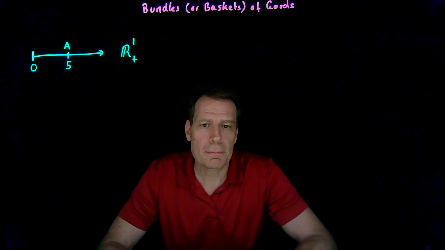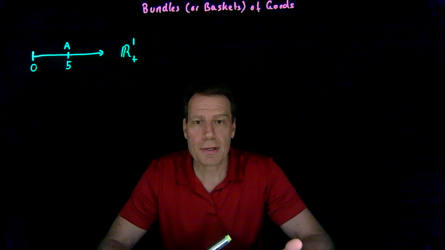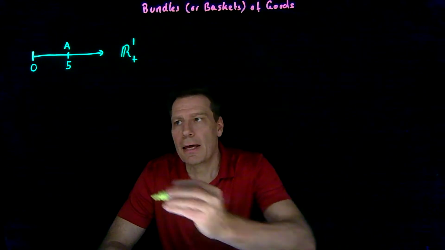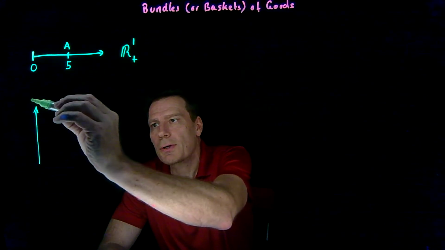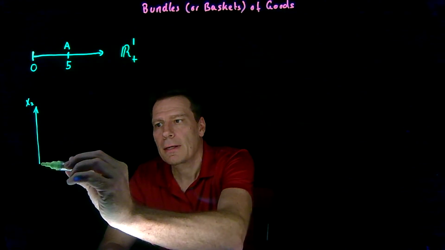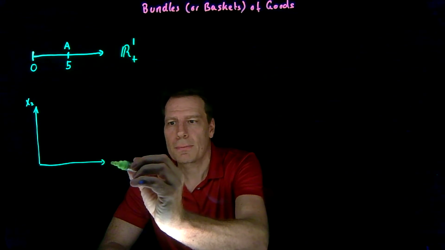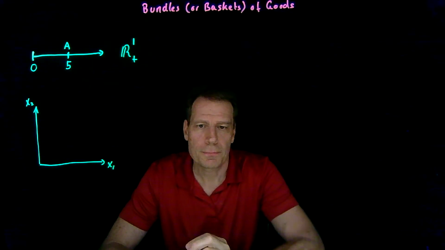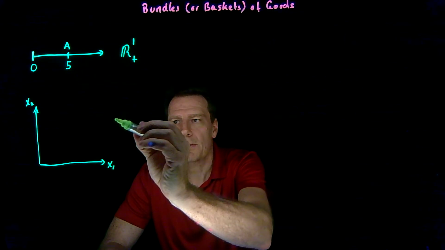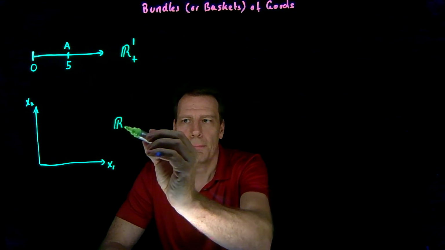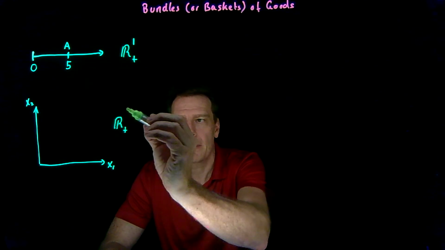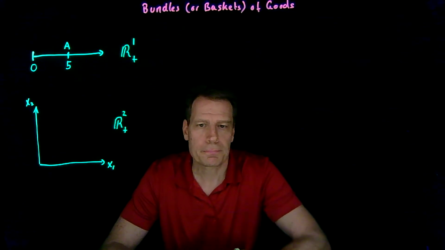Now suppose that the basket contains both apples and oranges. Now we need two dimensions. We need an oranges dimension, let's call that x2, and an apples dimension, we'll call that x1. So we're now in two-dimensional space. We have two real number lines, both with only positive numbers, but two of them.